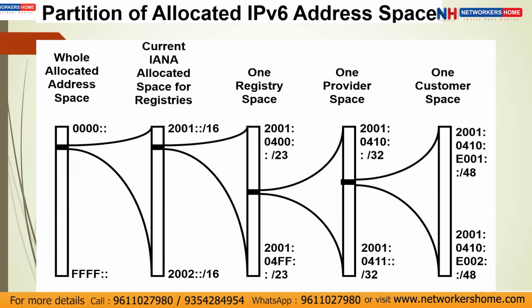For example 2002::/16, 2001:04FF::/23, one registry space, one provider space 2001:0411::/32, and one customer 2001:0410:E002::/48.